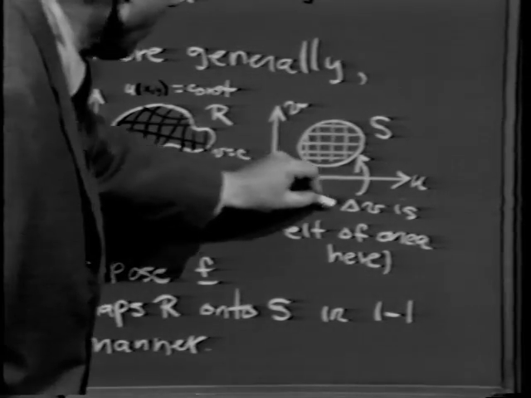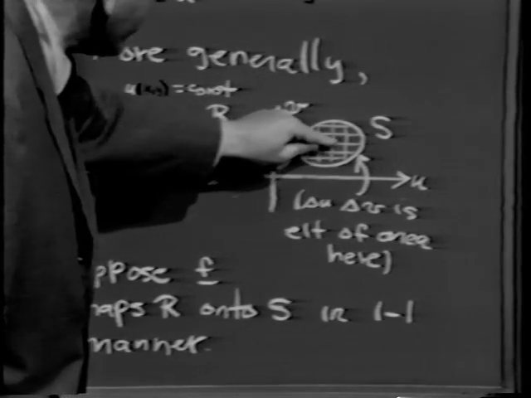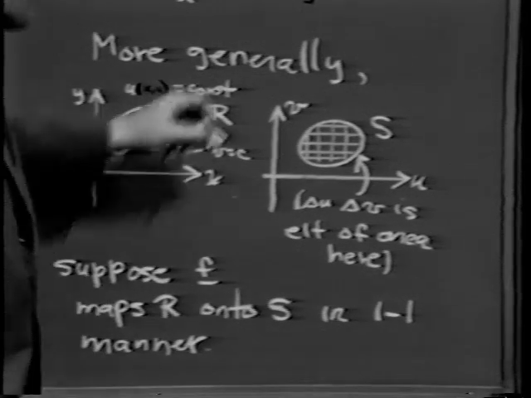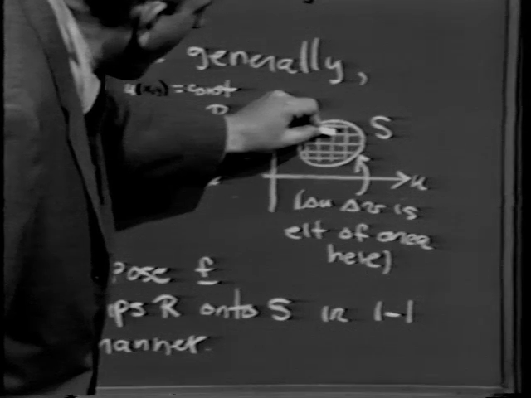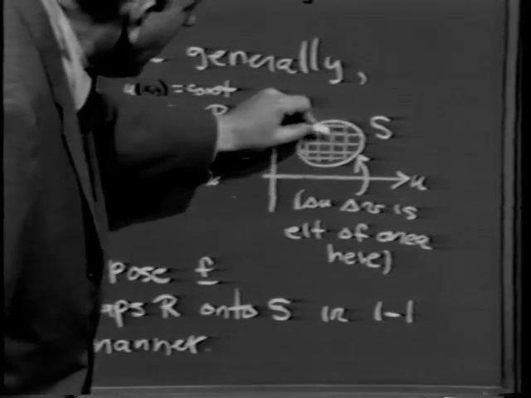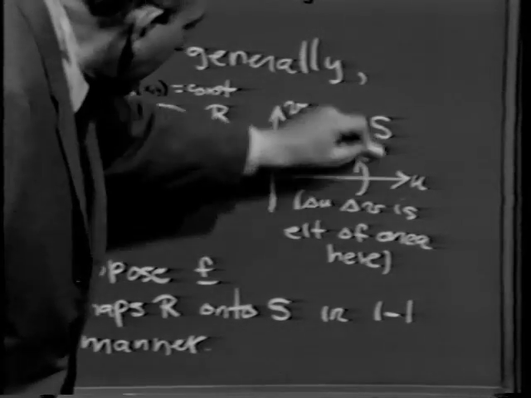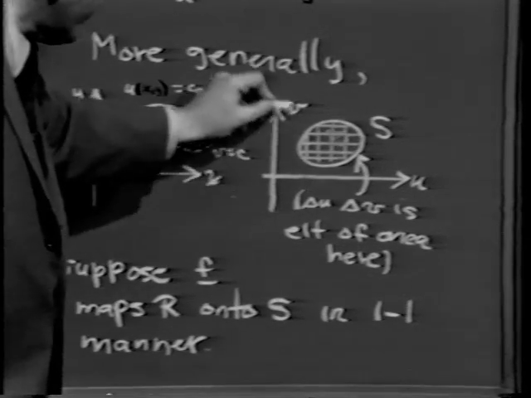Now, the reason that delta u times delta v is indeed a bona fide element of area when we're breaking up S lies in the fact that in the uv plane, delta u times delta v is the actual area of an increment of area in S when we break up S by lines parallel to the u and v axis.